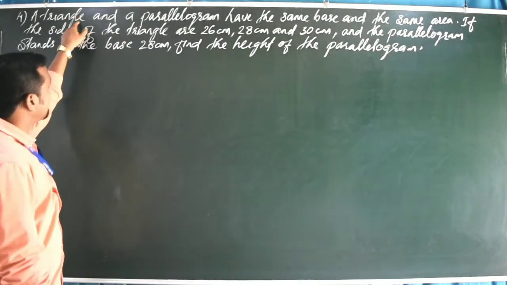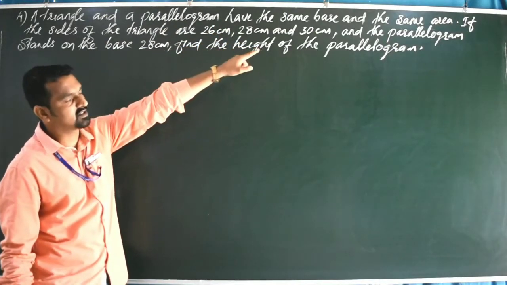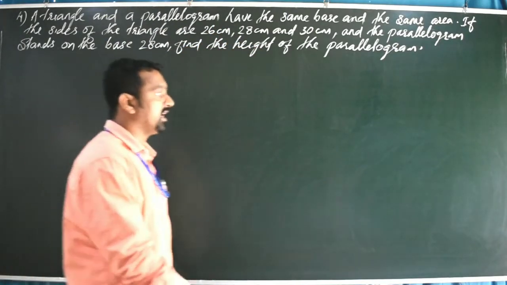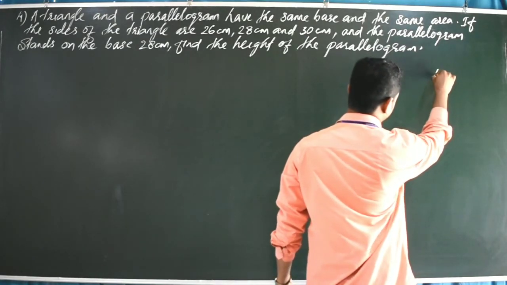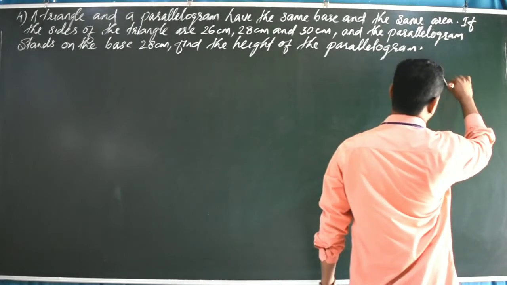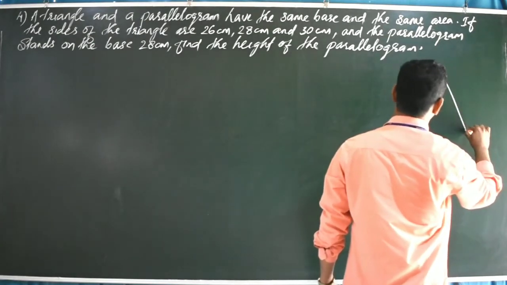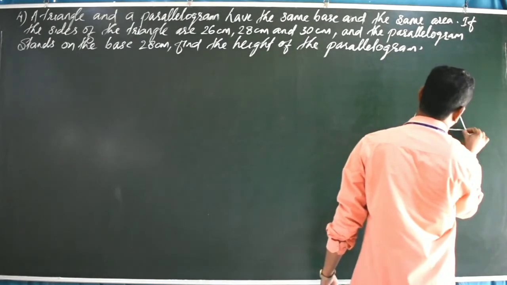Here, a triangle and a parallelogram have the same base and the same area. Base and area are the same. The sides of the triangle are given as 26 cm, 28 cm and 30 cm.